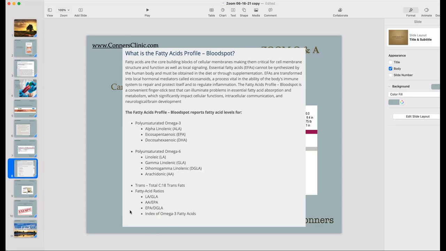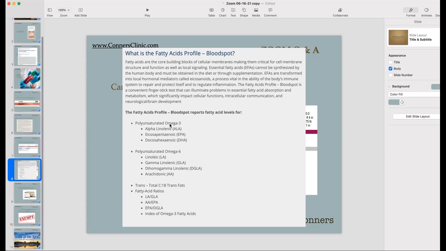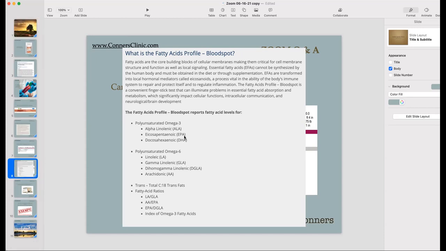There can be benefits to doing a fatty acid test for some people. We haven't personally done fatty acid tests, omega tests, on people for quite some time. These are more important with different issues other than cancer, but a fatty acid profile can be beneficial as well.